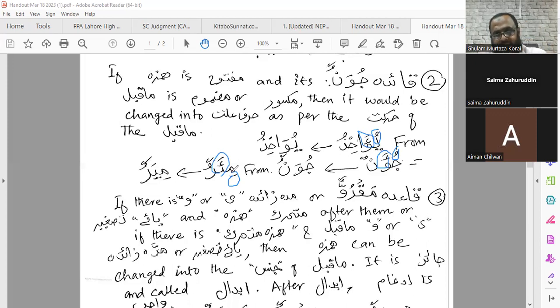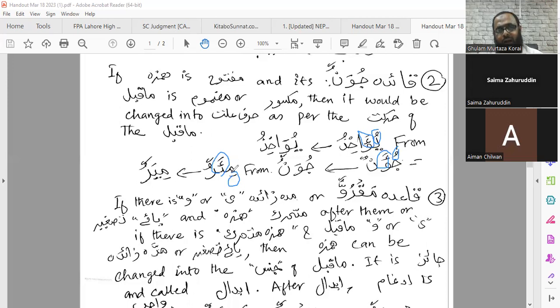Then what is the result? The result is that Hamza can be changed into harf illat. Means we are not dropping its harakat. We are just changing the Hamza into harf illat, either into waw or ya, right? So this is qa'idatun juwanun.